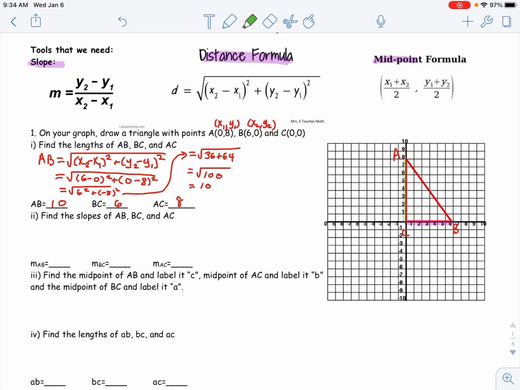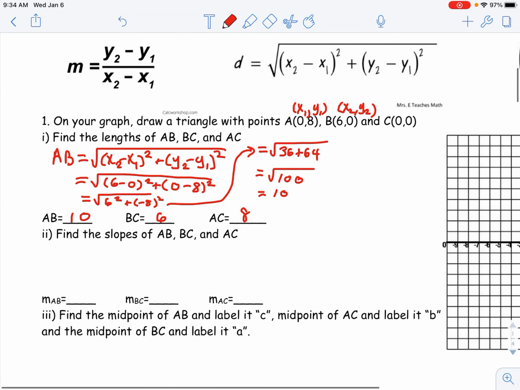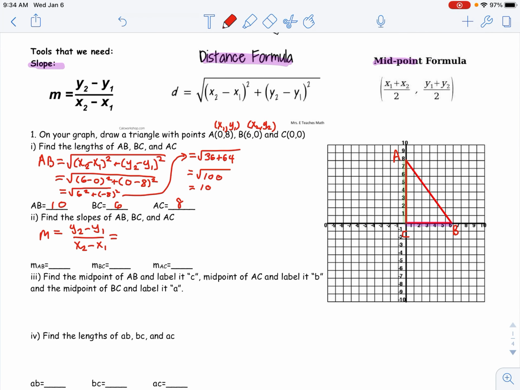Now we're gonna find the slopes of stuff. So again, I have the slope formula, and we're actually only going to use it for AB. But I'm gonna rewrite the slope formula, even though it's at the top of the screen right now, because again, just writing out things helps us remember it. So the slope formula is y sub 2 minus y sub 1 over x sub 2 minus x sub 1. And again, order doesn't matter, but consistency does. Y sub 2, I already have these labeled up here. I called it 0.